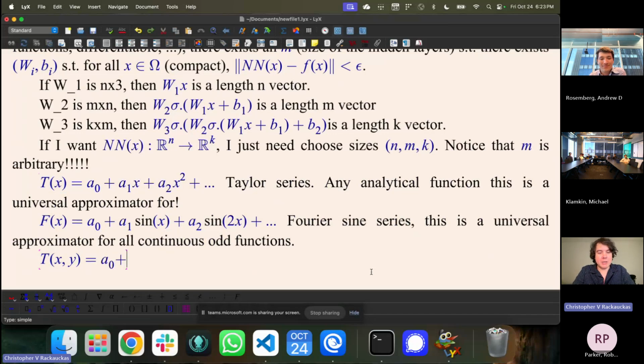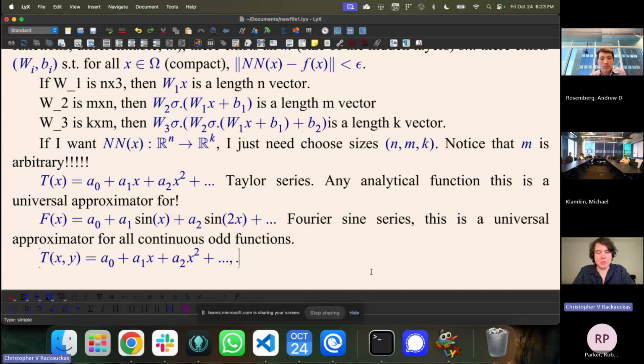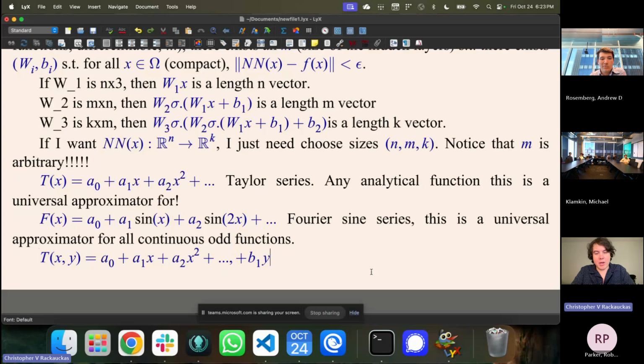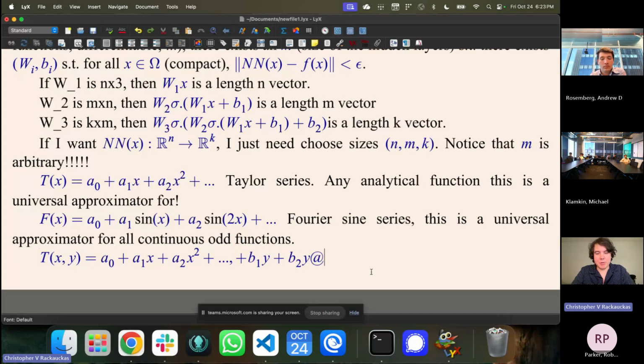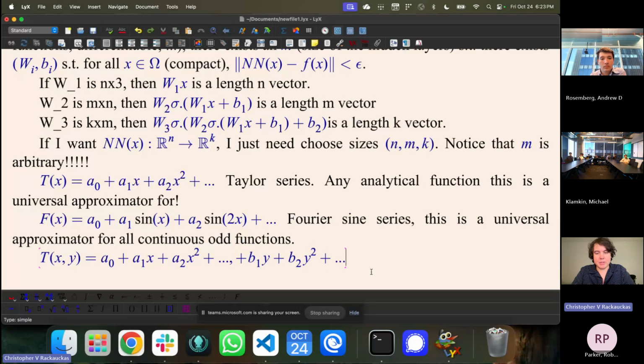So you have a0 plus a1x plus a2x squared plus dot, dot, dot. And then what you do is you do this in y too, right? You do b0, b1 y plus b2 y squared plus dot, dot, dot.